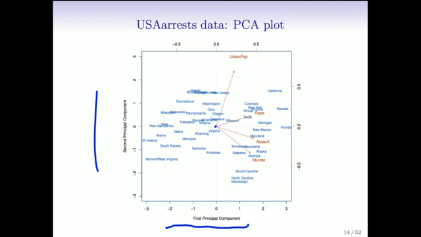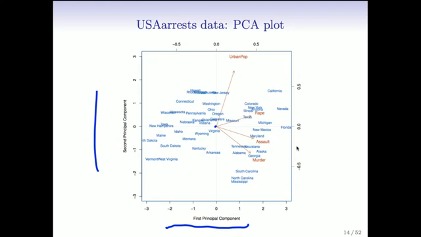And so in order to understand the principal components, each observation, which is a state, has a score on the principal component. And so some are large and positive and some are negative. And then to understand these scores, we look at the loadings. And so the loadings are plotted as vectors here because for each variable, we've got its loading on the first principal component and the second principal component, so that allows us to plot it as a vector in this space.